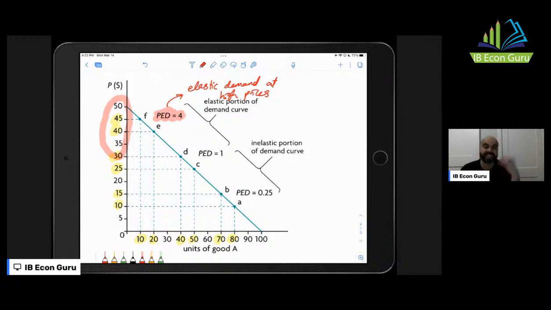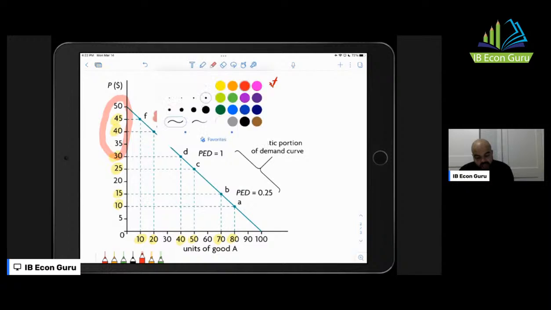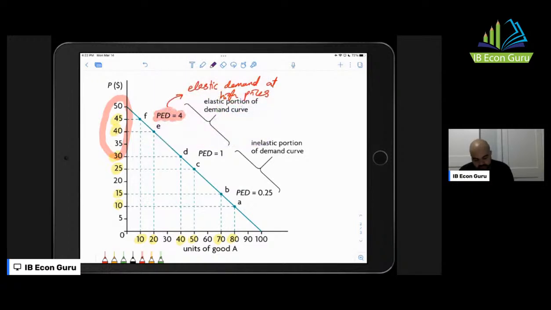Therefore, consumers are more sensitive or responsive to changes in price. And at low prices here, when you calculate PED, demand is more inelastic. This is the inelastic portion of the demand curve. So remember, there is inelastic demand at low prices.